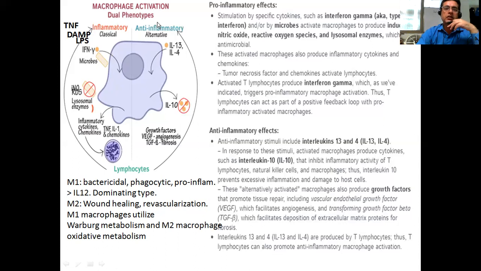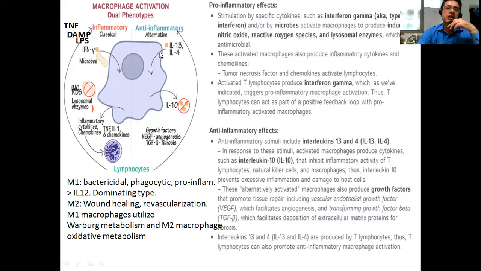The anti-inflammatory or alternative pathway is triggered by some kind of cytokines like interleukin 13 and interleukin 4. Interleukins 13 and 4 are produced by T lymphocytes. Thus, T lymphocytes can also promote anti-inflammatory macrophage activation.